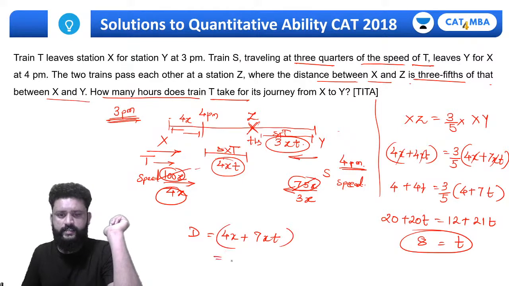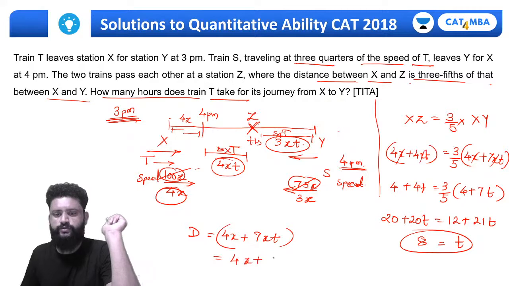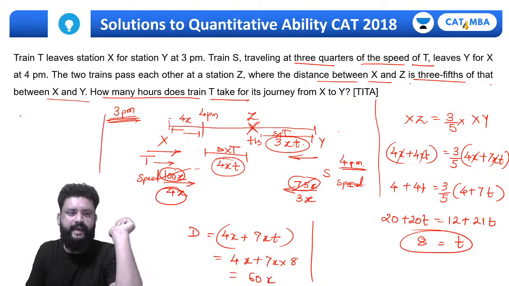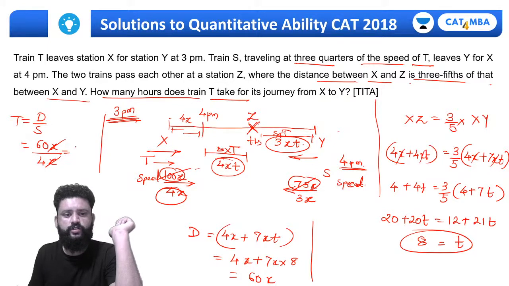So the total distance in terms of x is 4x plus 7x into 8, sorry, 7 8s are 56 plus 4, that is 60x. So train T needs to travel 60x distance. Time required is distance upon speed. The distance is 60x and its speed is 4x. In terms of x, x gets cancelled, so you'll be getting the answer as 15.